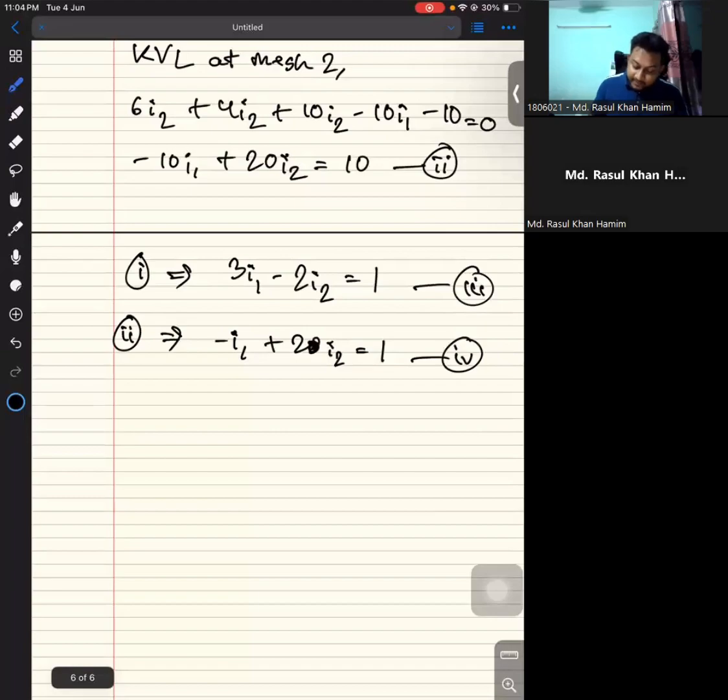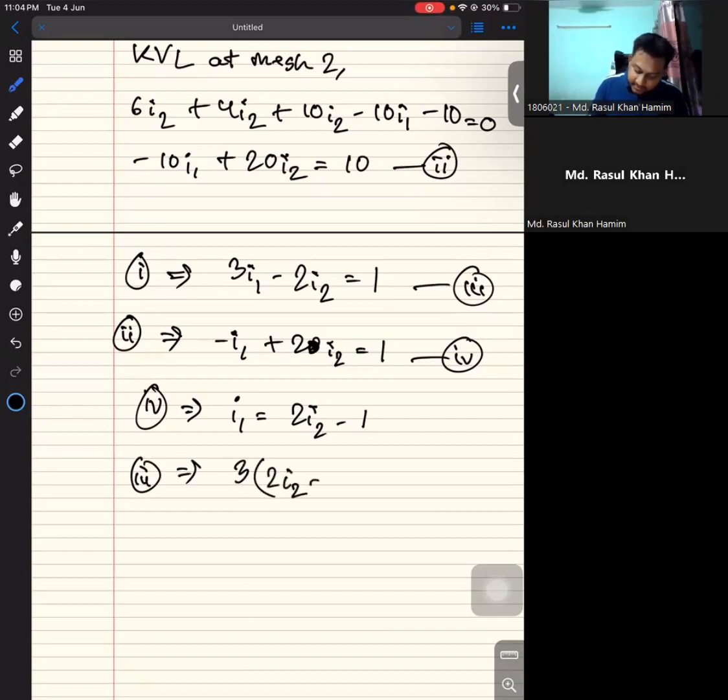From equation 4, we can write that I1 equals 2I2 minus 1. Now, in equation 3, we can substitute this value of I1, and we get 3 into 2I2 minus 1, minus 2I2 equals 1.